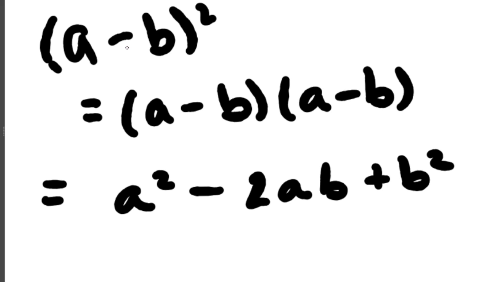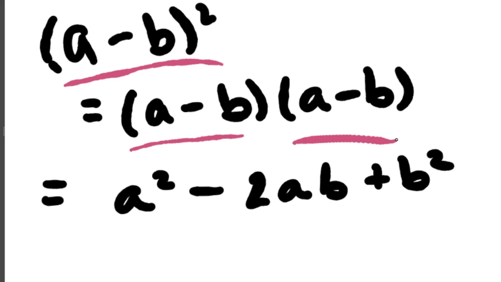So, the square of a difference is often seen as a minus b squared, which can be expanded to a minus b times a minus b.